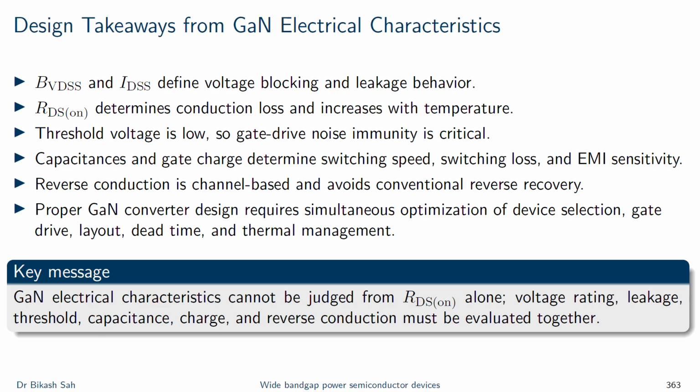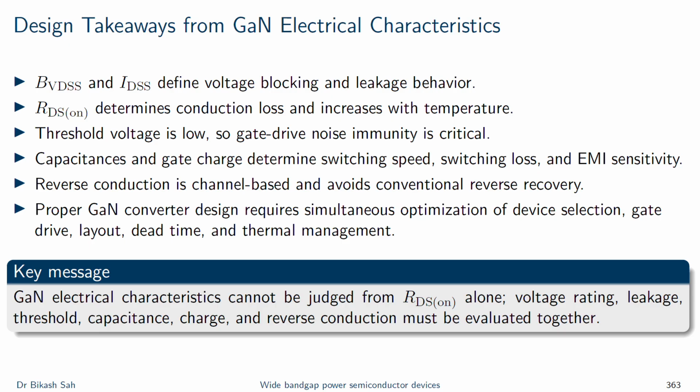Reverse conduction is channel-based and avoids conventional reverse recovery, but it must be managed through proper dead time and gate control. So the central lesson is that GaN cannot be judged from RDS(on) alone or the breakdown voltage alone. A good GaN converter requires simultaneous optimization of device selection, gate driver, PCB layout, dead time, thermal path, and EMI control.